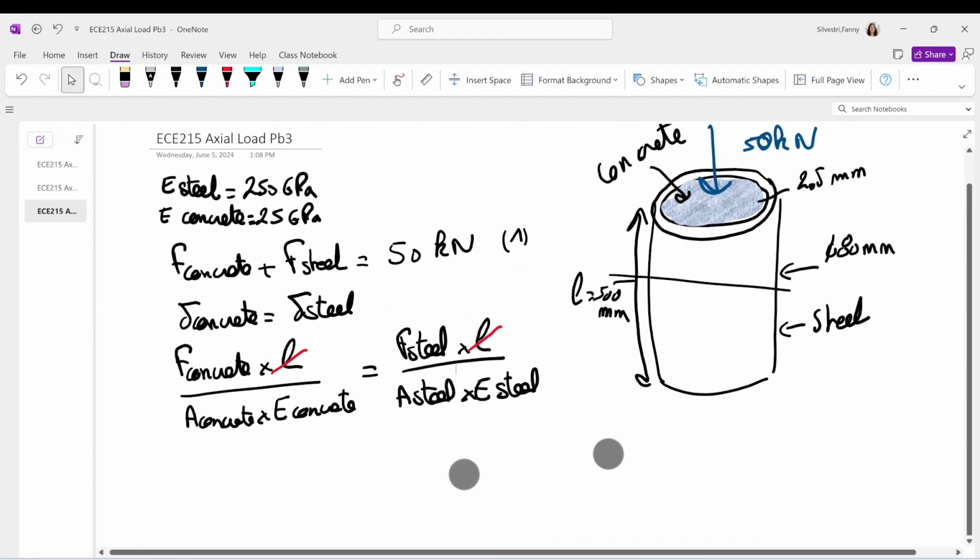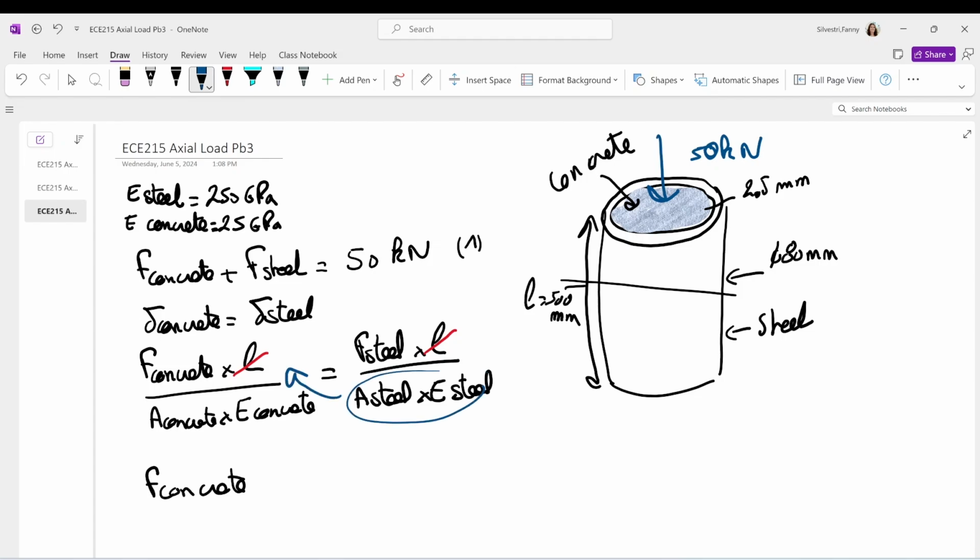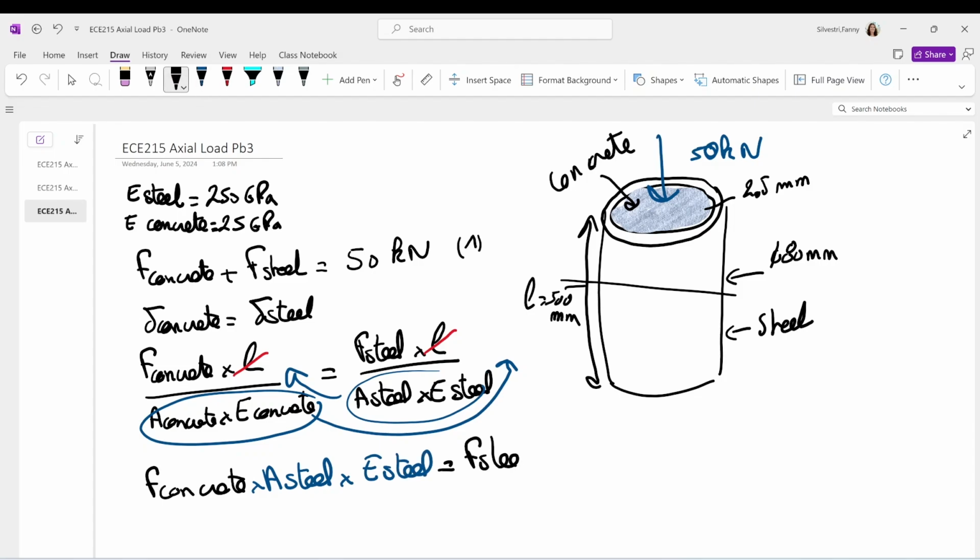Okay, I will write the force in the concrete, and I will move that over there, and that over there. So the force in the concrete times the area of the steel times the Young modulus of the steel equals the force in the steel times the area of the concrete times the Young modulus of the concrete.